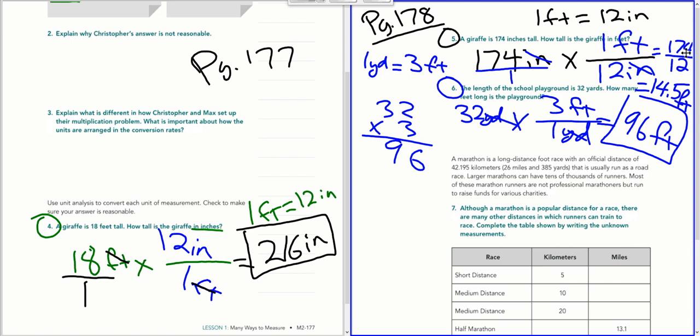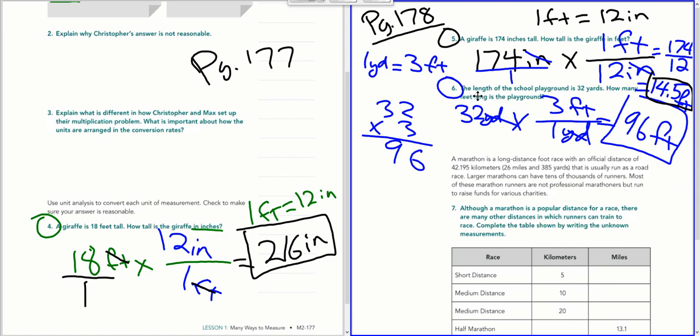So I'm left with 174 over 12, but we need to simplify that. So what we can do is divide top by bottom, and I get 14.5. So my answer would be 14.5 feet. And let me box that for you there. Oops, that didn't do what I wanted it to. You get the idea. 14.5 feet. There we go. Now that makes me happy.